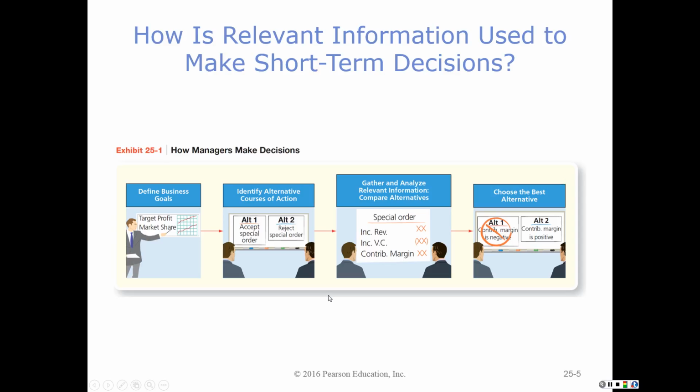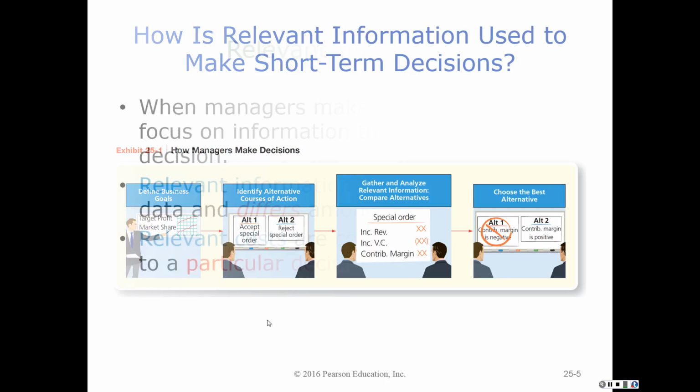But you also, as an accountant, have to be aware of not just the quantitative side, the qualitative side. What are the qualitative factors that we need to analyze as well, along with our financial numbers? Once we've gathered that information for an analysis, we need to work with management to decide what is the best alternative in this short-term period that will be best for our overall business goals.